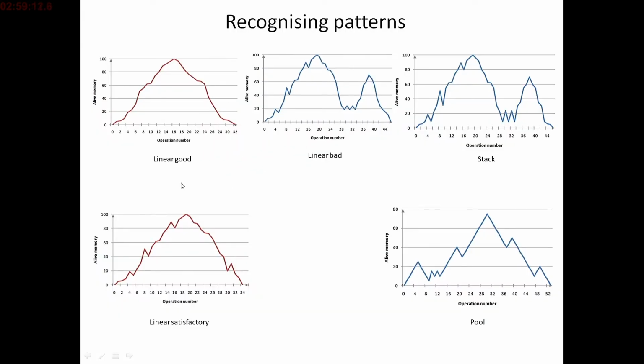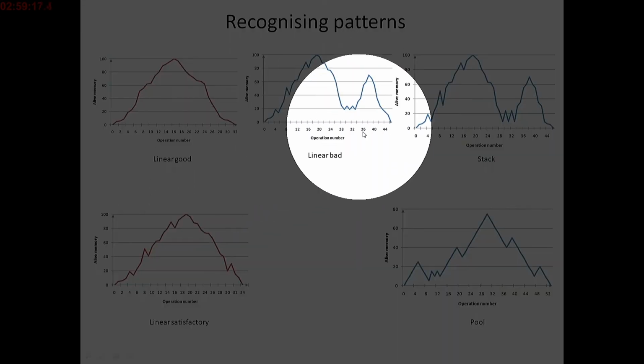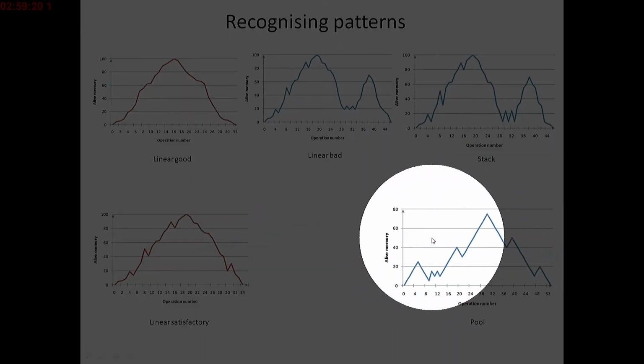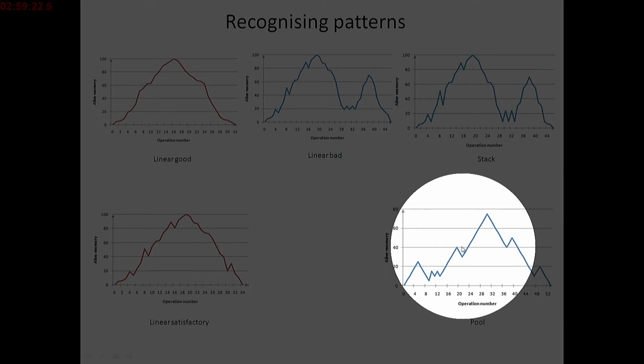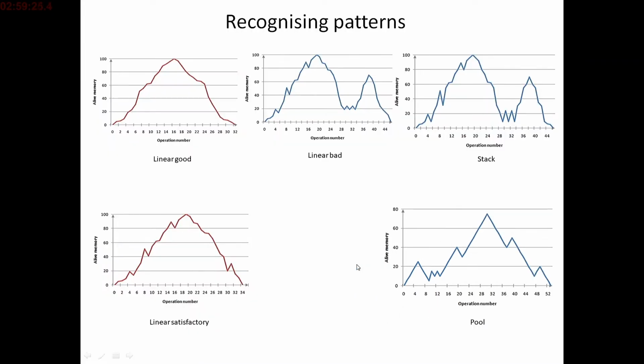So if we have this kind of picture, it is very well applicable to a stack allocator. And here you can see when the memory is allocated in similar chunks. The ever-growing lines are of similar length.